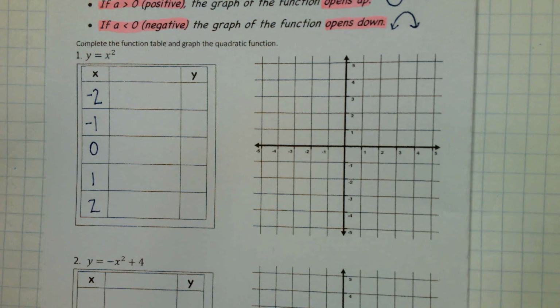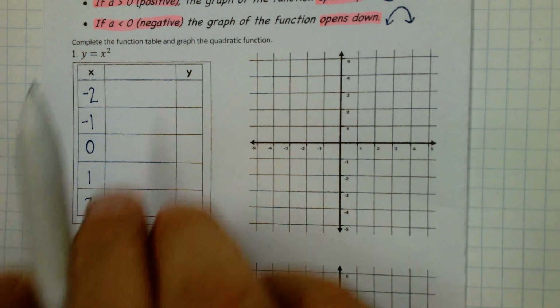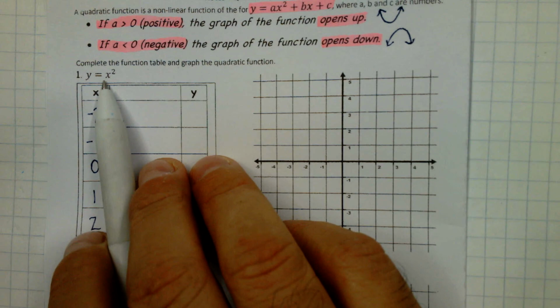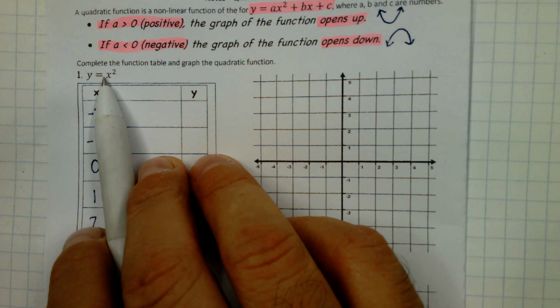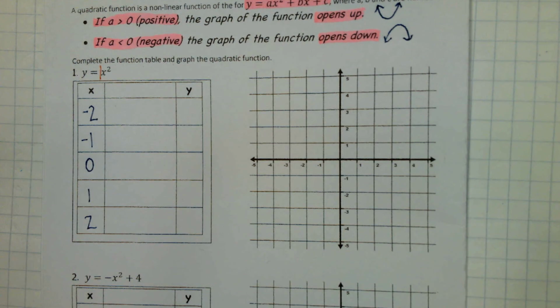Yeah. So we're going to square. Now, because of the math we're going to be doing, what's the coefficient? What number is in front of x squared? Well, which number is in front? Even though it's not showing, it's there. 1. I heard some people. So what we're going to do is we're going to do 1 times x squared.